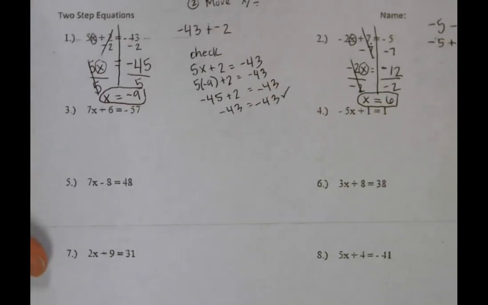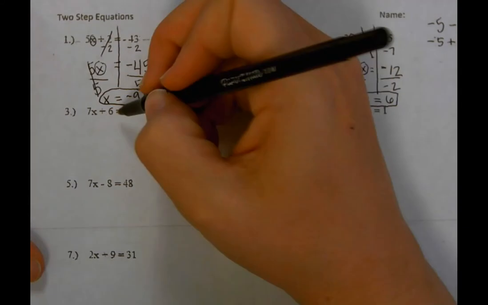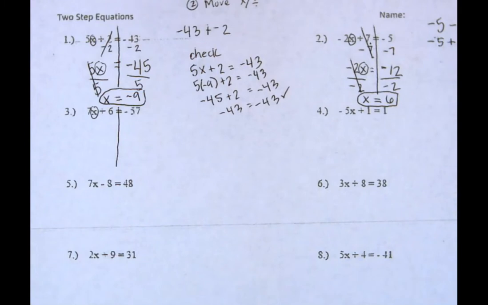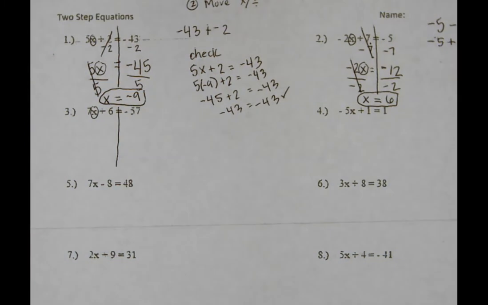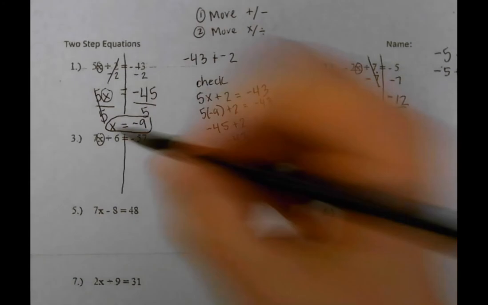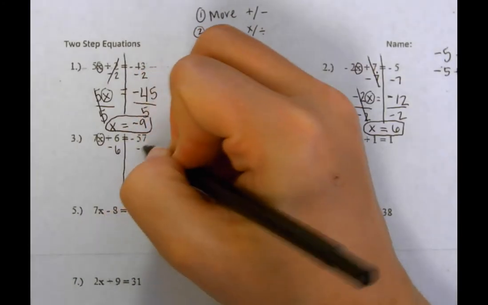All right, let's look at number 3. We'll do 2 more together. Again, I'm going to start by drawing my fence, circling the variable that I'm solving for. Now I'm going to move my addition and subtraction first. To get rid of a positive 6, I'm going to subtract 6 from both sides.